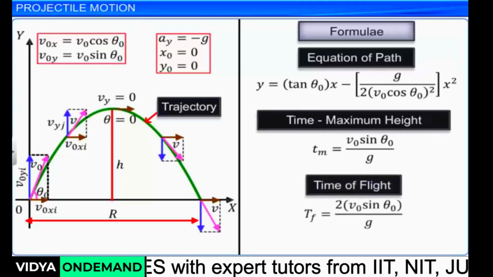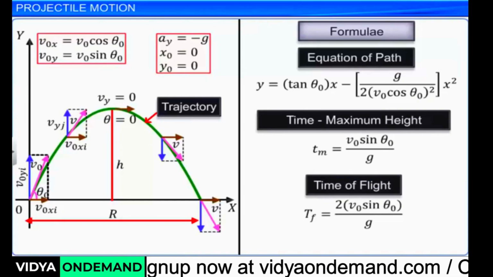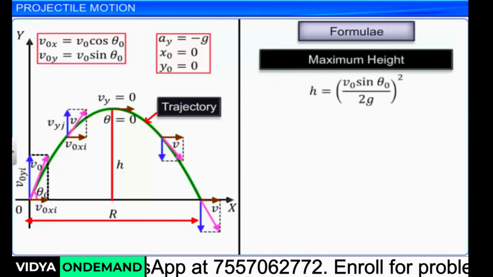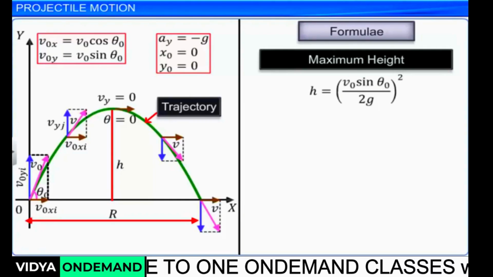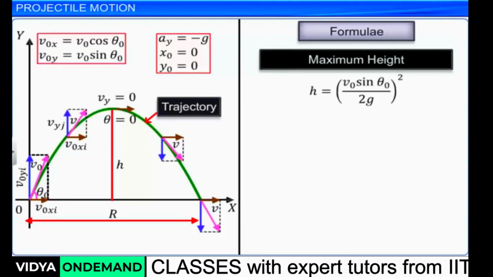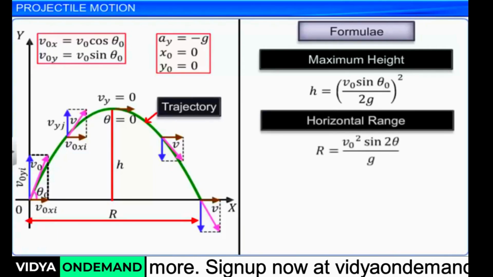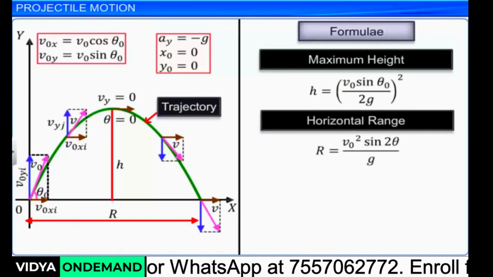The maximum height attained by the projectile: H is equal to V0 sin theta 0 square divided by 2g. The horizontal range of the projectile: R is equal to V0 square into sin 2 theta divided by g. The maximum range of the projectile: R max is equal to V0 square by g.